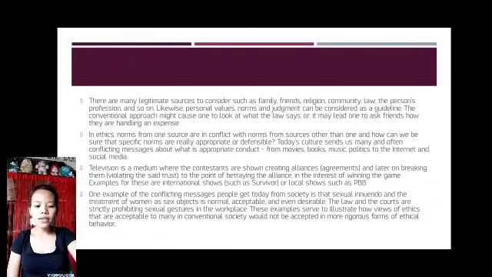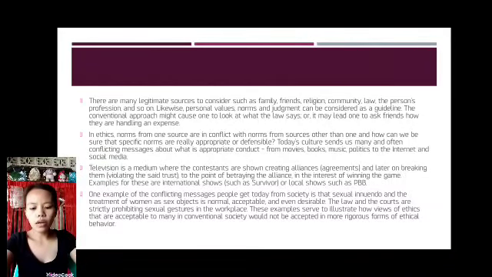Today's culture sends often conflicting messages about what is appropriate conduct, from movies, books, music, politics, to the internet and social media.